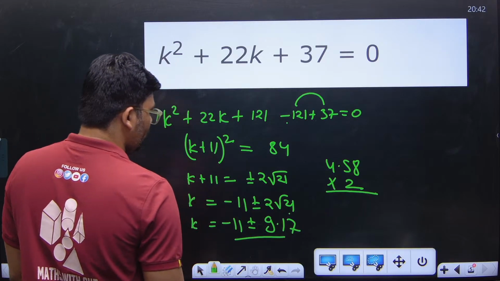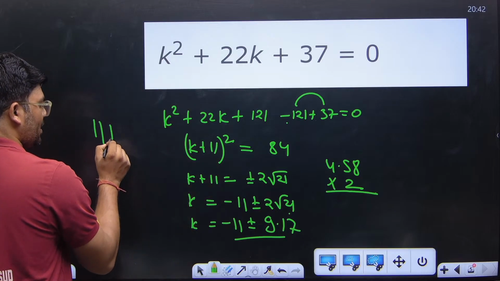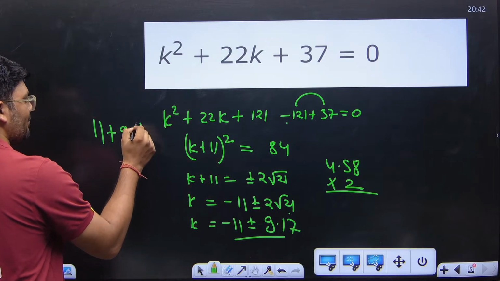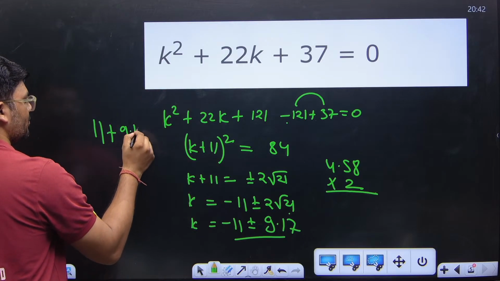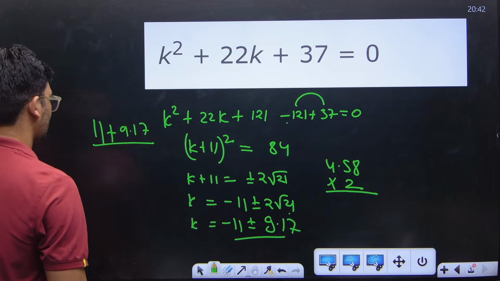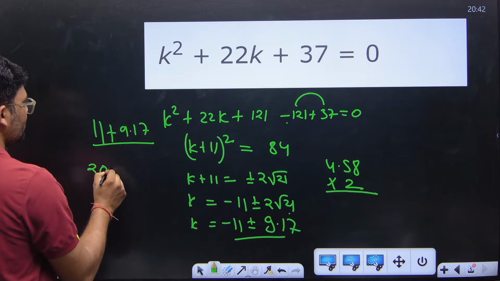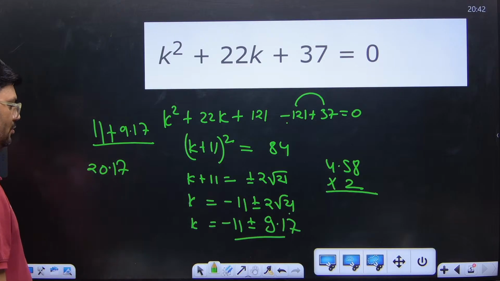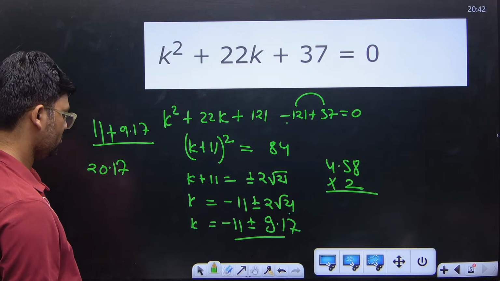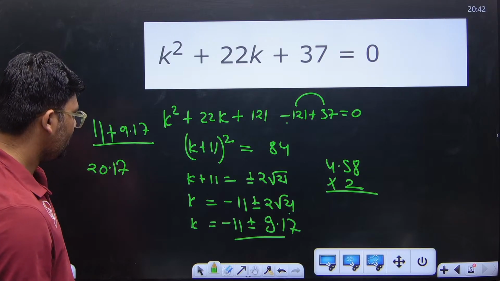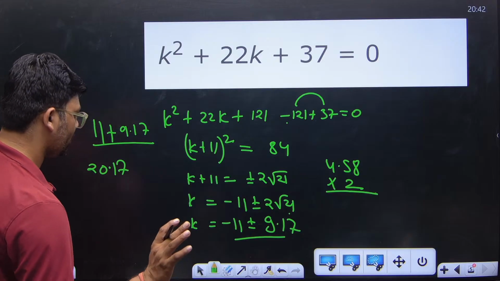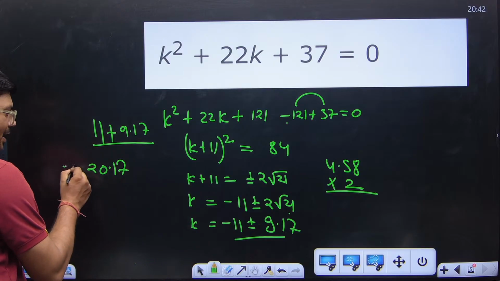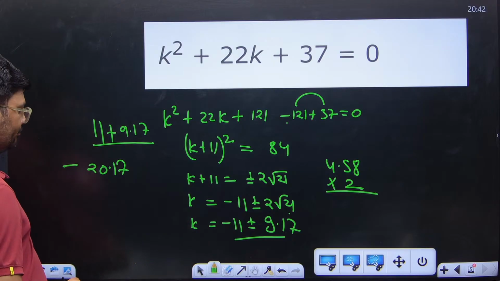So now you have to do 11 plus 9.17. So add 11 to it. 20.17. So that's your first answer. And subtract 11 from it. Minus 2.17. I think, wait. I think it will be minus 20.17.